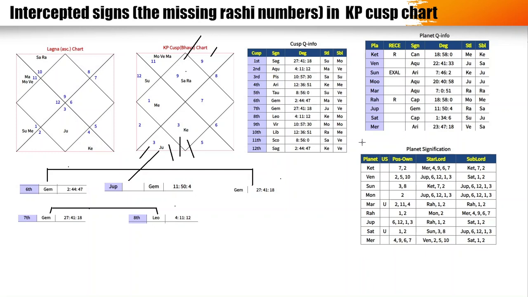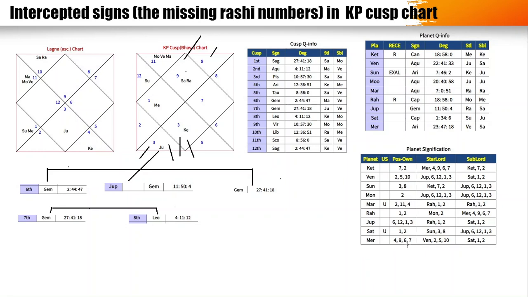You have to look at the planet signification table. This is going to help you. Here you see Mercury at column 1 indicates 6 and 7. So no doubt it indicates both the marriage and the denial of marriage. But the first column alone is not a very strong strength in Krishnamurti Paddhati.